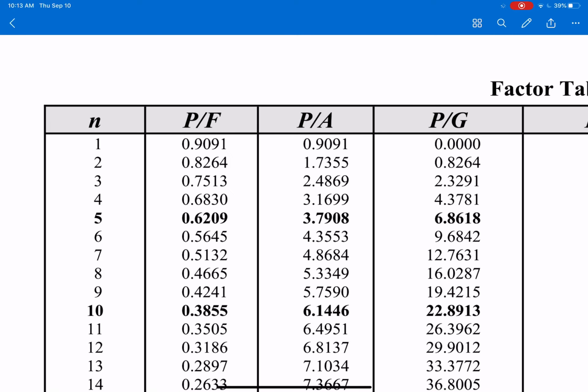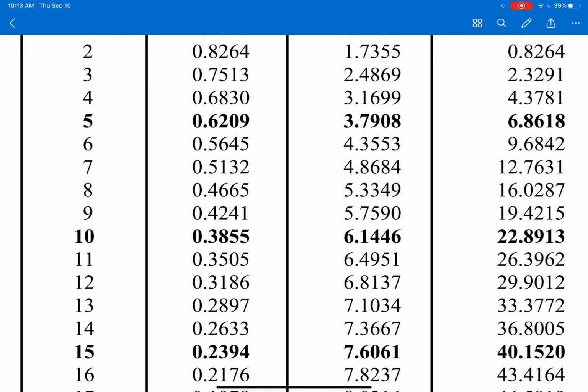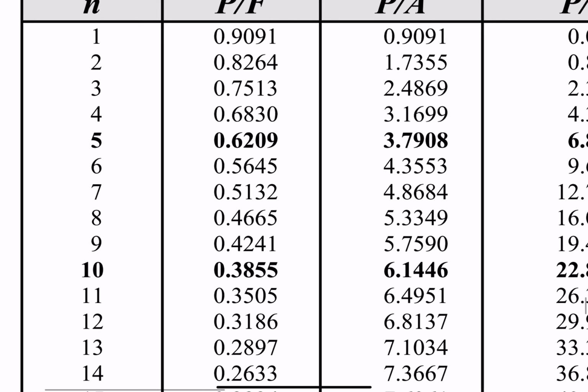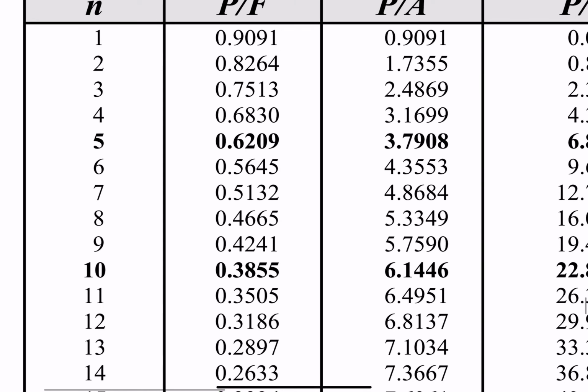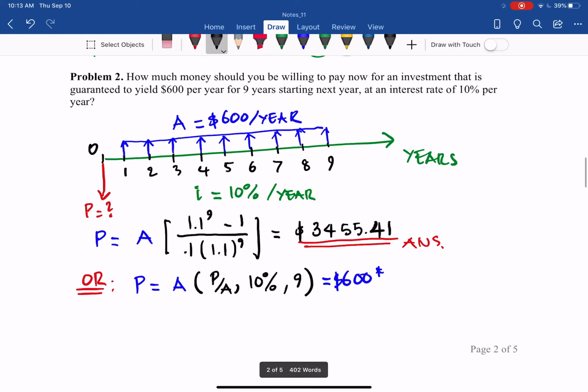As you can see, that is 5.7590. Multiplying, we get 3455.40, and that gives the answer.